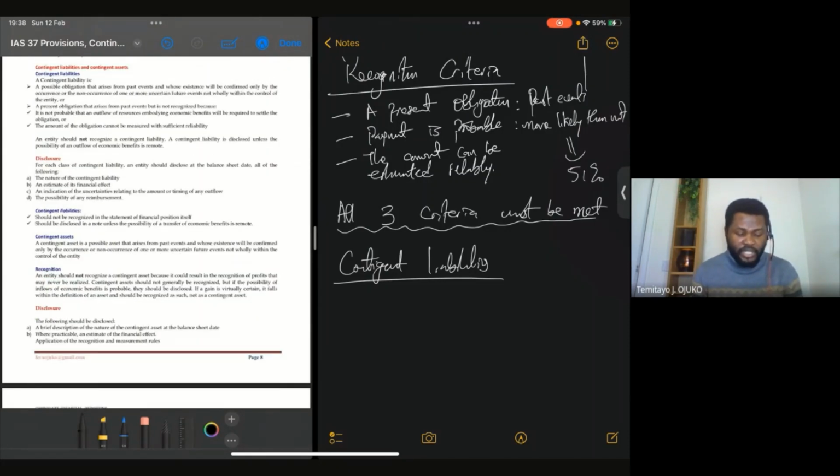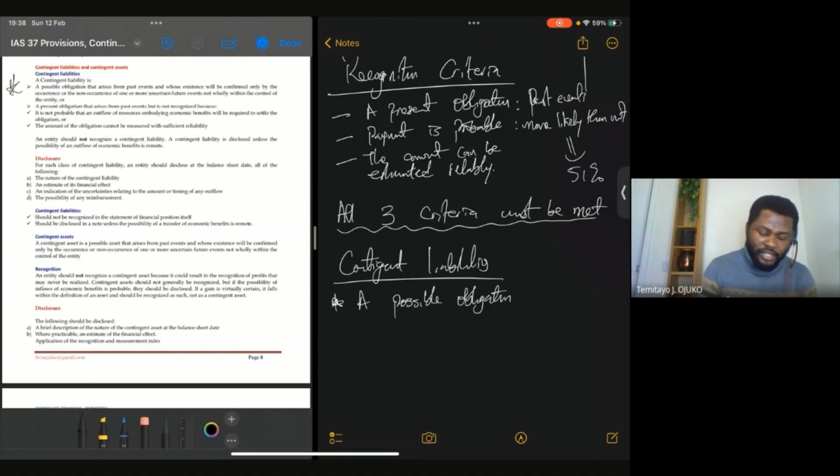Now, what is a contingent liability? It's very, very simple. A contingent liability is a possible obligation that arises from past events, right? Whose existence, I'm reading from here, will be confirmed only by the occurrence or the non-occurrence of one or more uncertain future events, not wholly within the control of the entity.